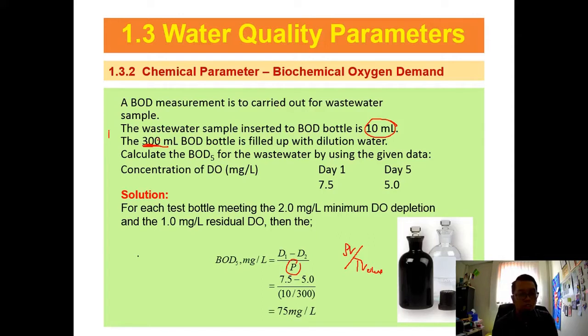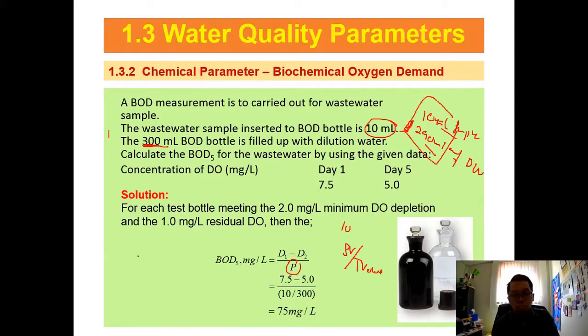Sometimes the question is given like this: we conduct the experiment, they fill up with 10 mL of sample and 290 milliliters of dilution water. If the question is given in this form, that means the sample volume is 10. Okay, the total volume is here.